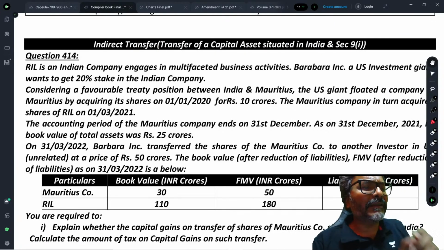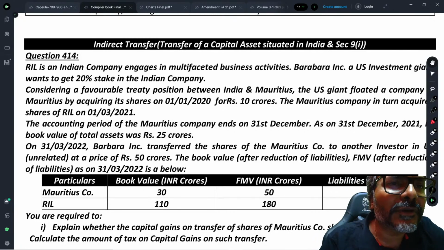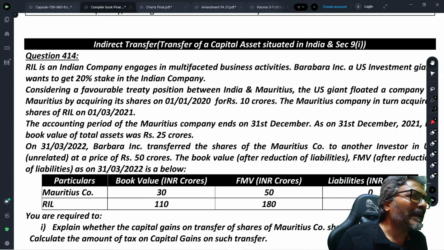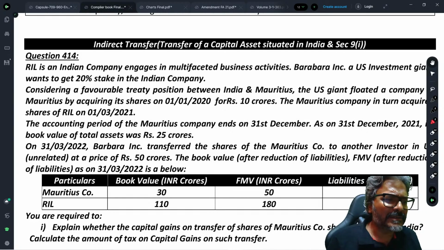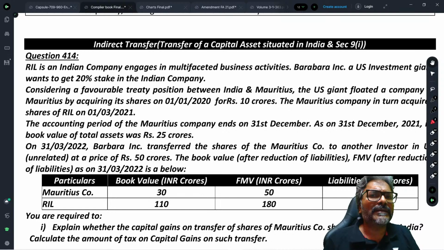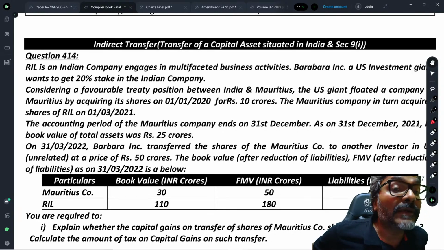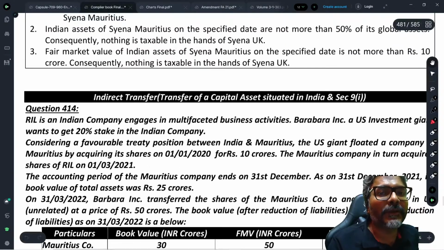Now, the next and the most important question is on indirect transfer. I will directly take you through the practical, students, because only that is relevant for us now. Practicals on indirect transfer. This is an expected question. There would be a foreign company, and the focus would be on the foreign company.